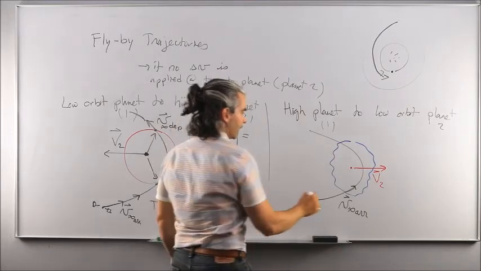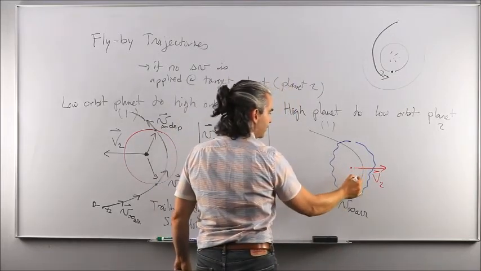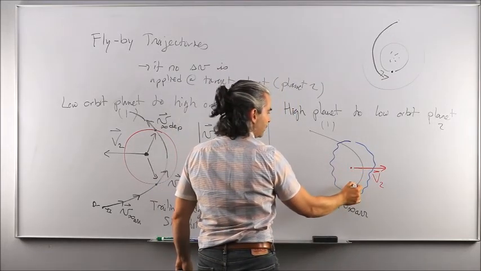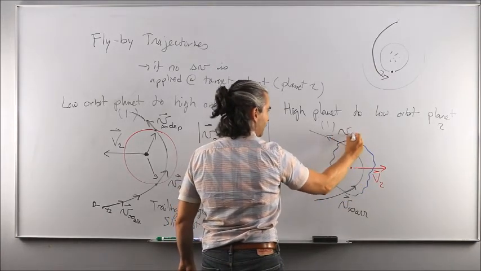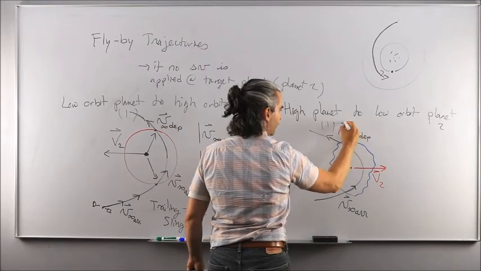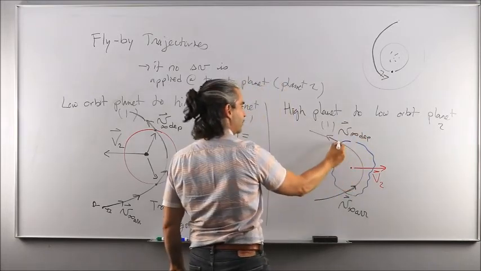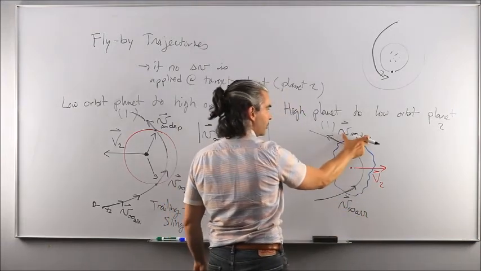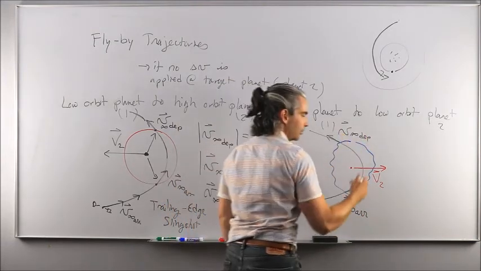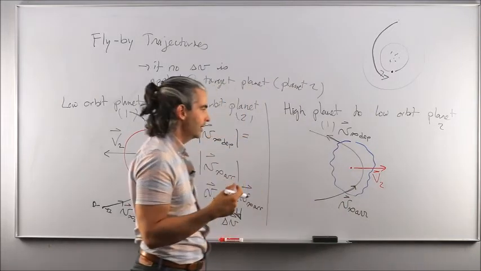Okay, and then what's going to happen is that the planet's going to turn this velocity such that V infinity departure, if you just let yourself coast, is going to be at a different angle. And again, that means that although the norm of this one is equal to the norm of that one, there is going to be a delta V maneuver being applied.